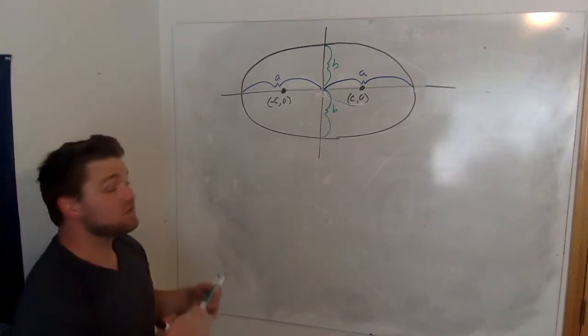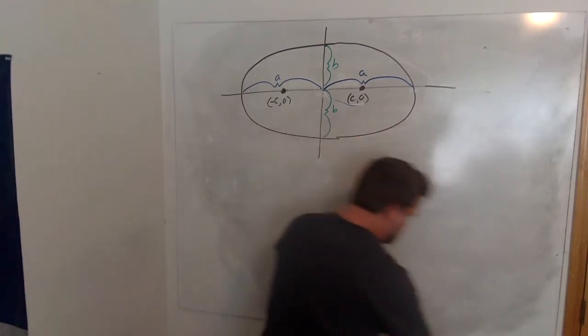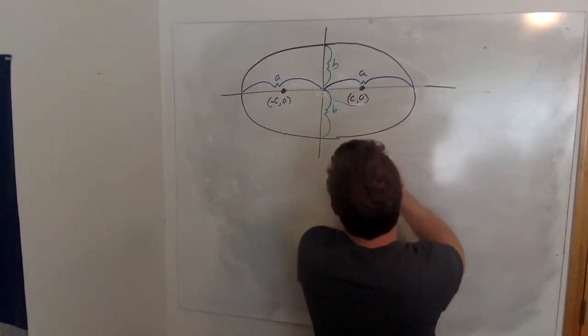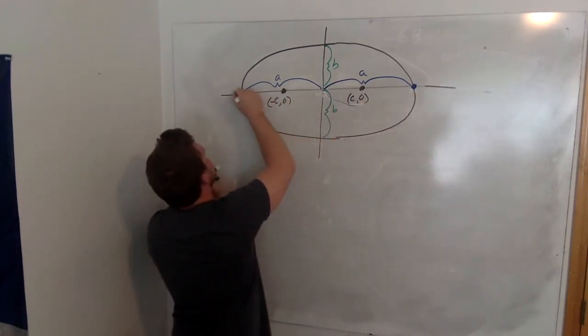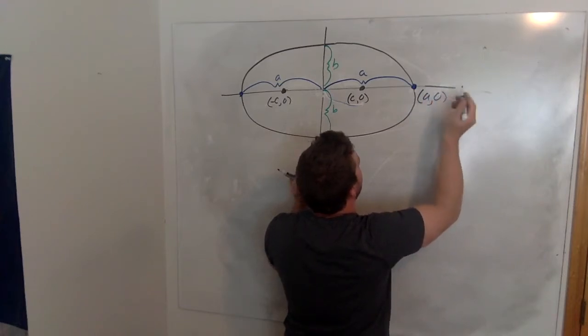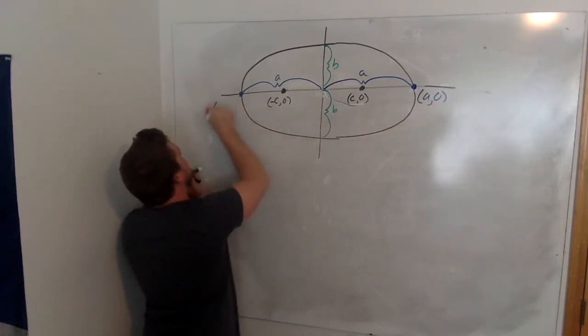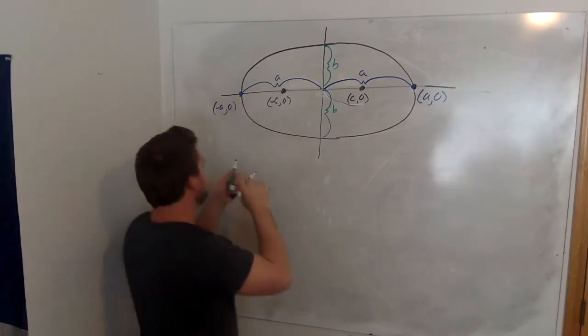Okay, I'm going to erase a little bit of this because, again, we don't want our picture to get too clogged up. Let's actually mark a few points here so we know the coordinates. Here it'll have an x-coordinate of A and a y-coordinate of 0. Here, since we're to the left of the origin, we'll have an x-coordinate of negative A and a y-coordinate of 0.